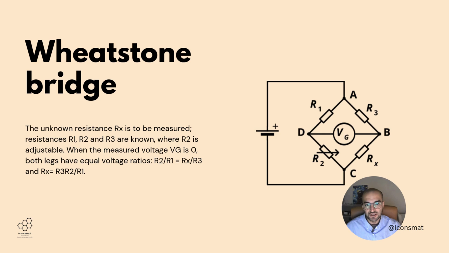So by adjusting R2, we can let Vg become zero. And the principle will be converting the load value into the known resistance. So for example, if we load the strain gauge by 5 kilogram load, we may get a resistance of say 0.1 amps.